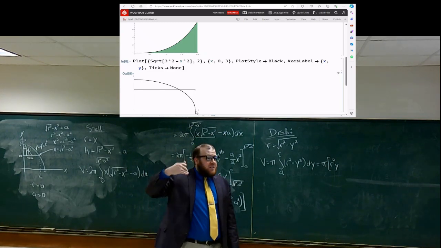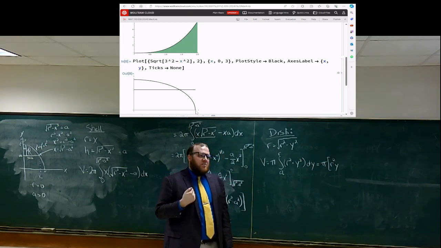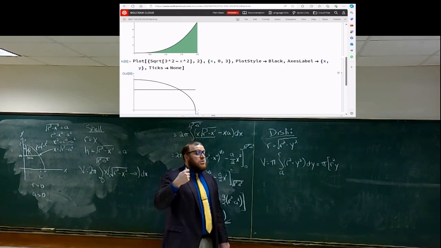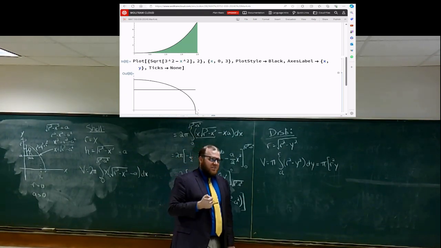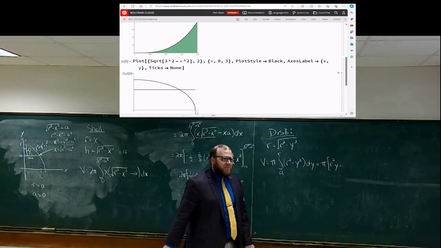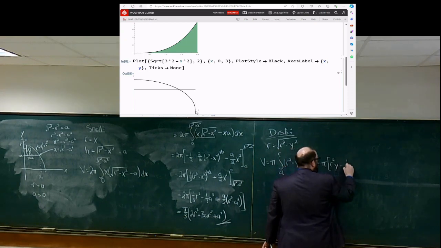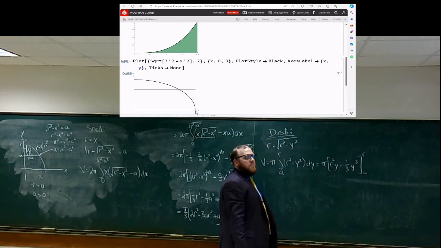Once you have a sphere, it has a fixed radius. It doesn't change. Also, r squared is just a constant. It may be unknown, but it's still a constant, right? What is the antiderivative of y squared? That will be 1/3 y cubed. That gets evaluated from a to r.